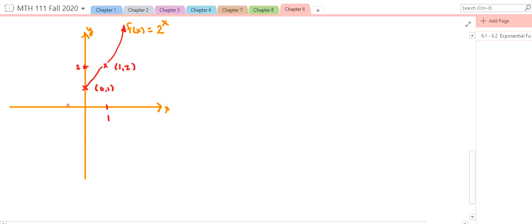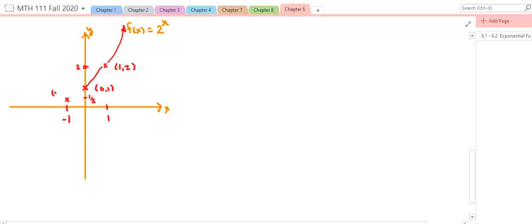Now when x is minus 1, this is actually 2 to the minus x. So this point here, 1 over 2 raised to the 1 power, or 2 raised to the minus 1 is the same thing as 1/2.